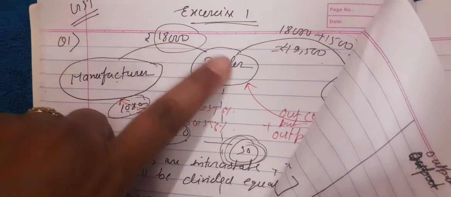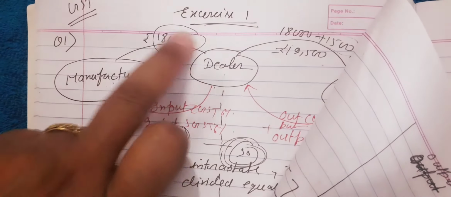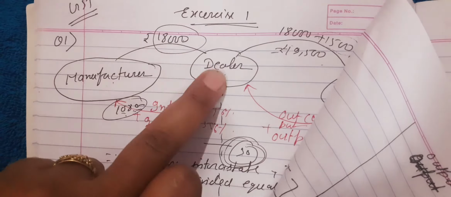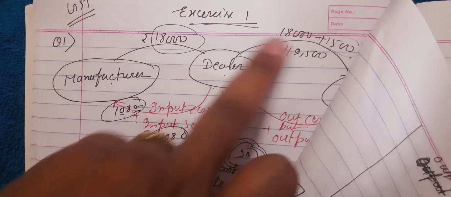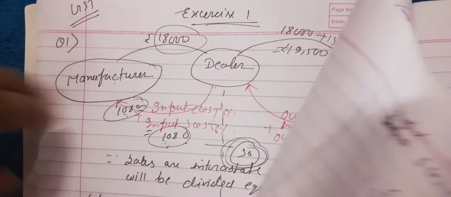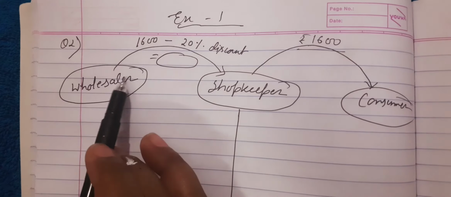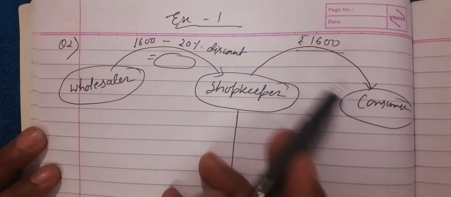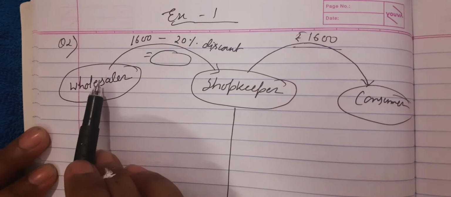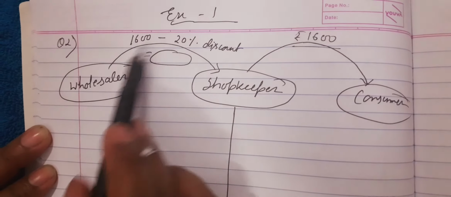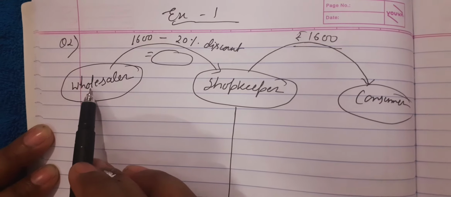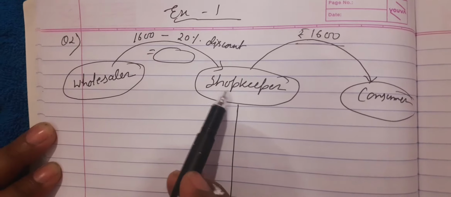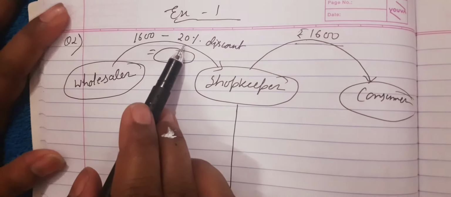In first question, you have seen that there is no change or any calculation part. Here we have done calculation part between dealer and consumer. That's why I've chosen second question, because here there is no calculation part between shopkeeper and consumer. We need to do a little bit solution between wholesaler and shopkeeper. Why? Because here is a discount.